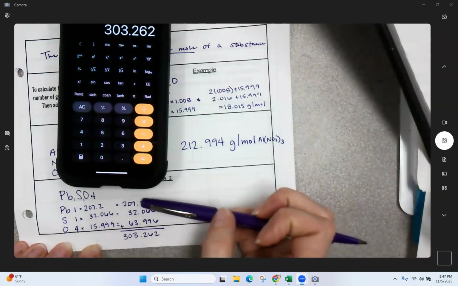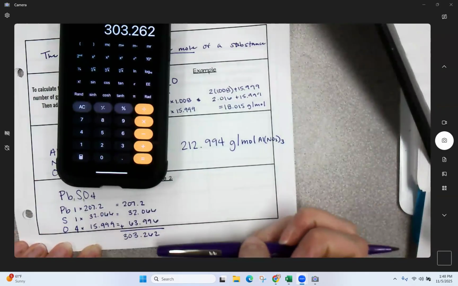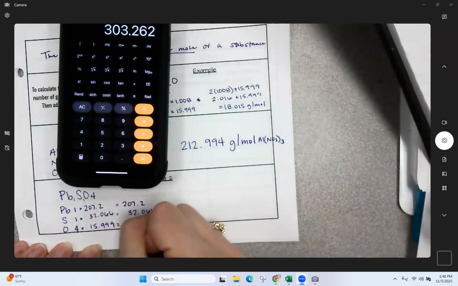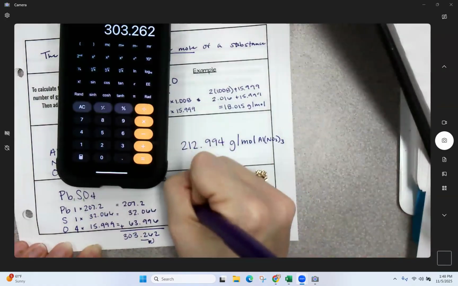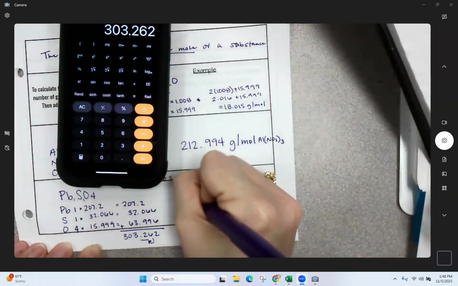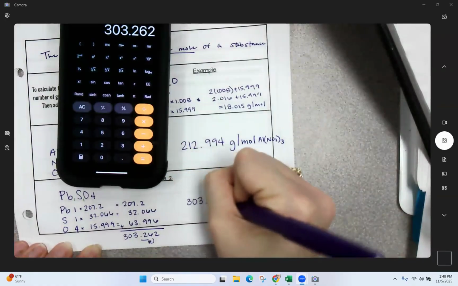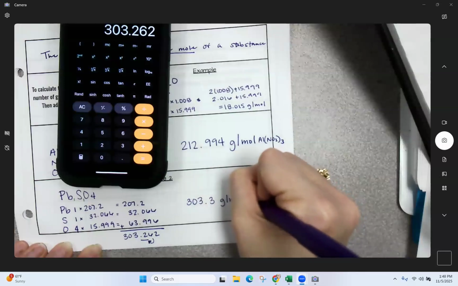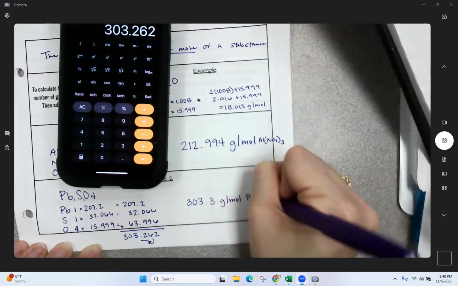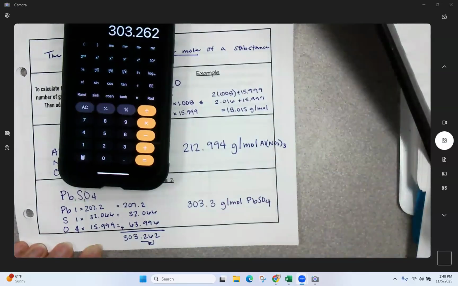So we only have one decimal place for lead. So that means we can only go to one decimal place in our answer. So the 6 is going to round that 2. And we're going to get 303.3 grams per mole of lead sulfate as our final answer.